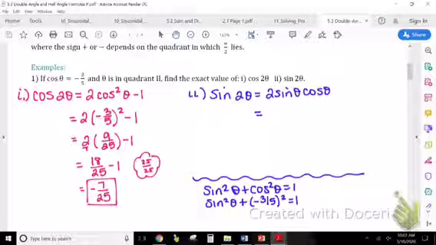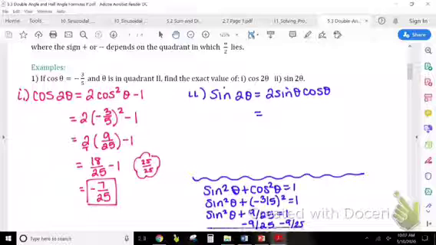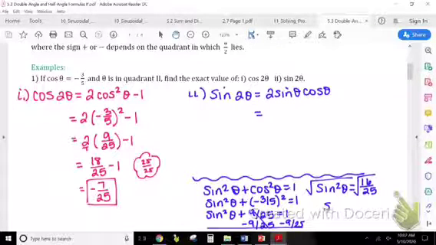So I'm just going to algebraically work this one out. And so I got sine of theta is equal to positive or negative 4/5.